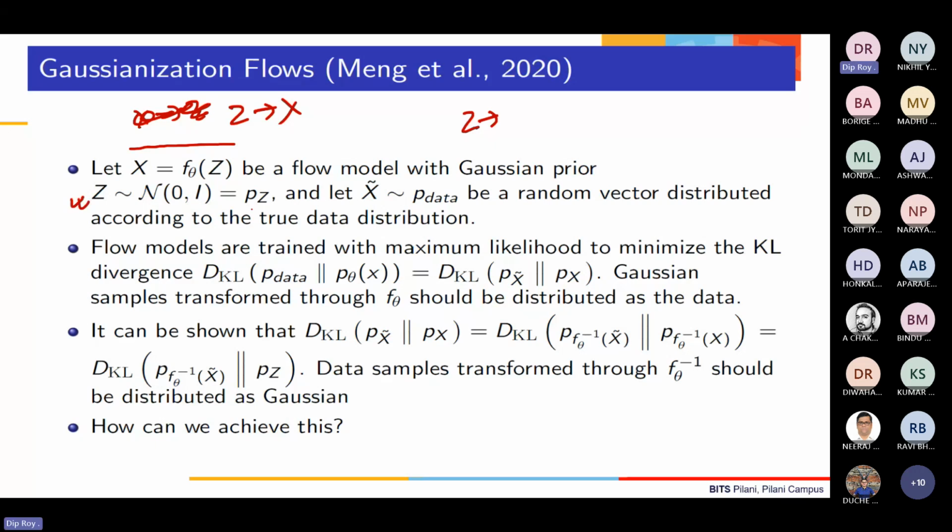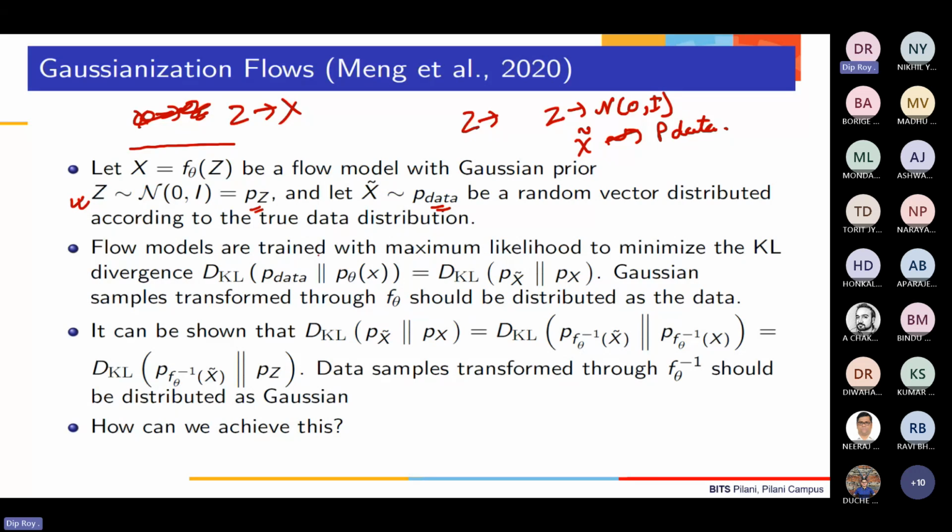This is a sample from Z, and this is the probability of Z. And let X belong to the true distribution P data. So your Z is sampled from a unit Gaussian, and your X is sampled from the true distribution, which is P data.